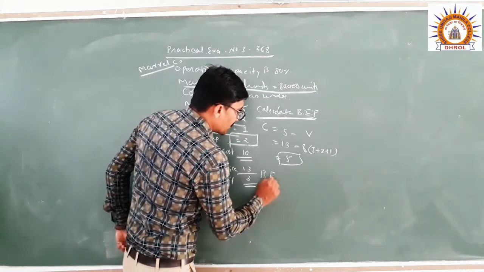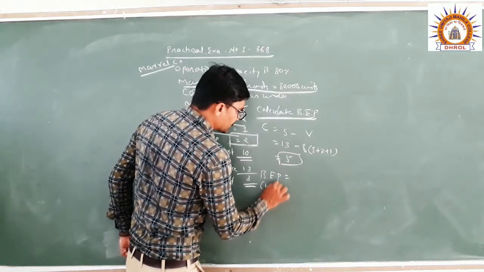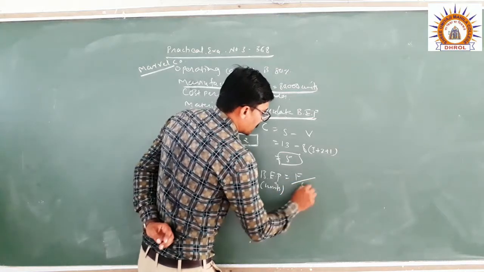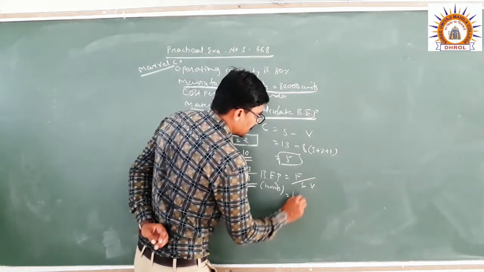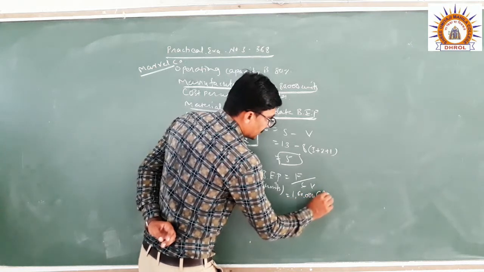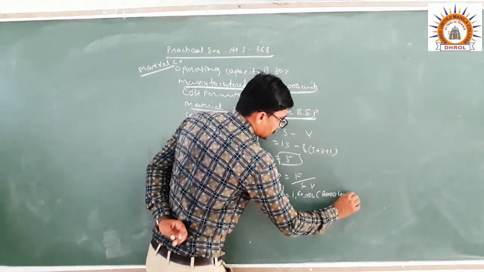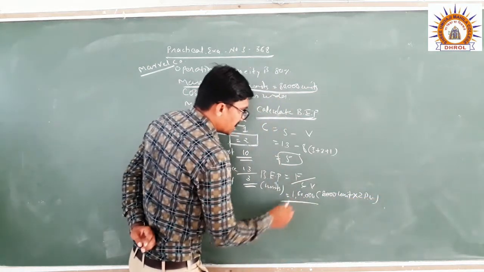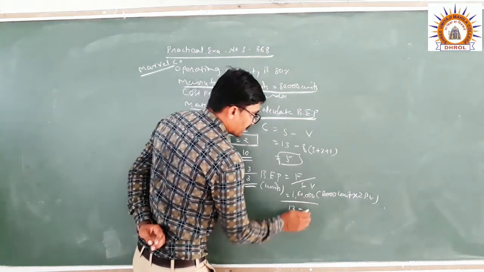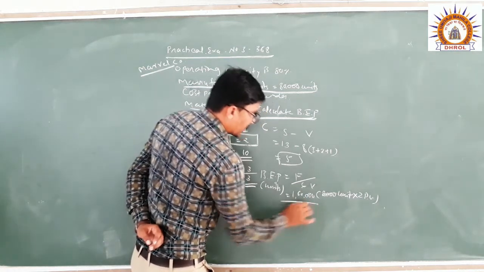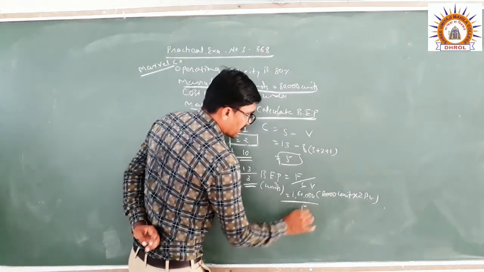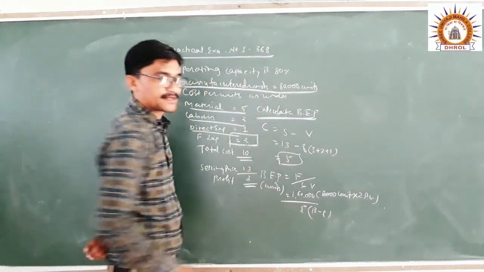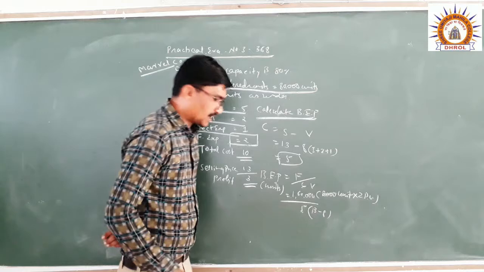So now find out BEP in terms of units. Simple, F upon S minus V. F is 1,60,000, that is 80,000 units multiplied by 2 per unit. So 1,60,000 divided by 13 minus 8, that is 5.